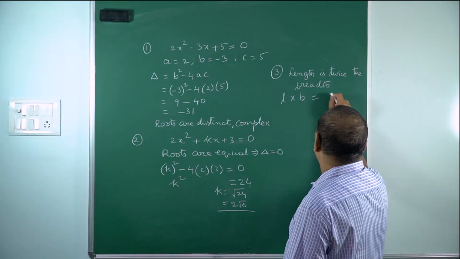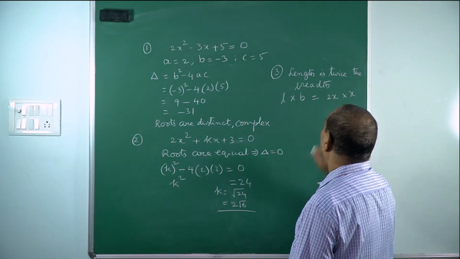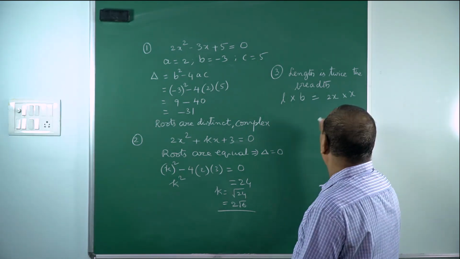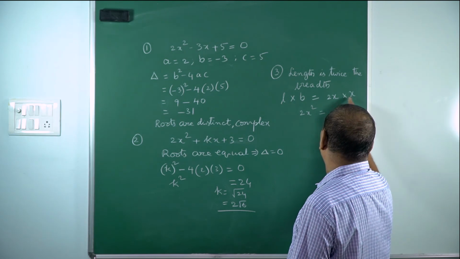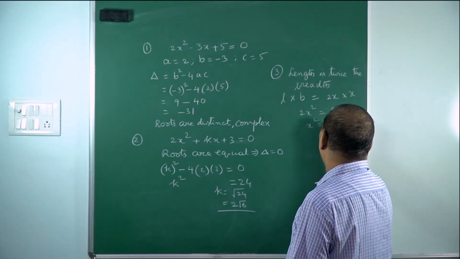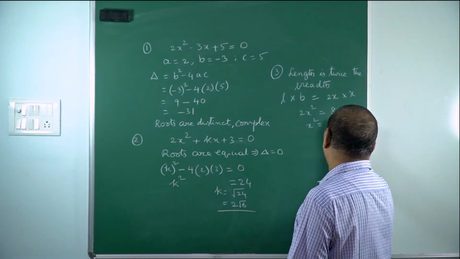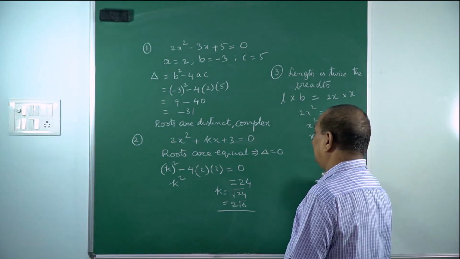Exactly the same way. Breadth is x and length is 2x. This is the condition. But the area must be 800. 2x times x is 2x square, which is 800. x square must be 800 by 2, 400. And x is the square root of 400, and that's 20.